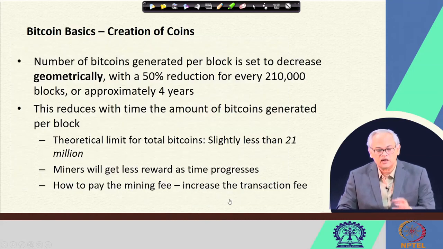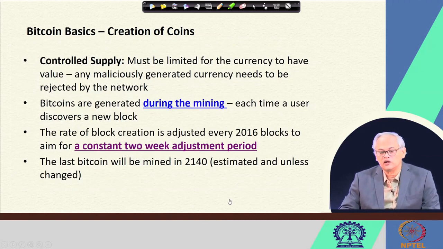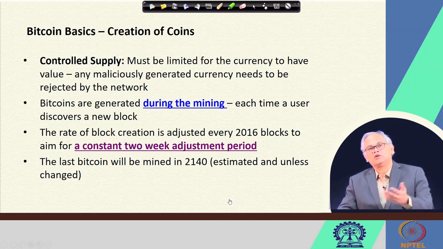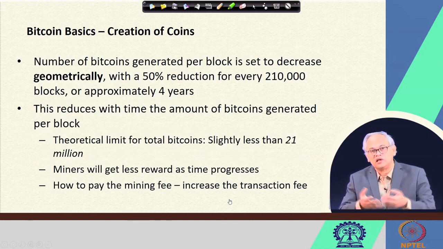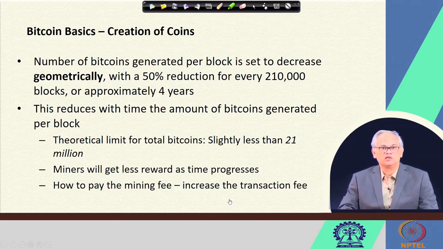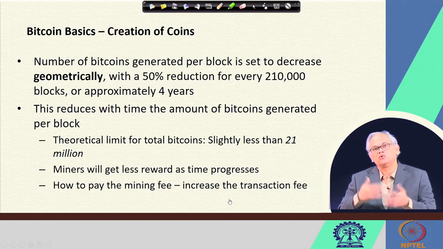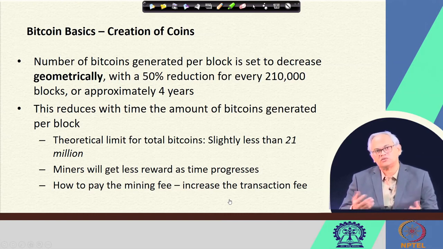As we said, finally around the year 2140 we will end up having the last bitcoin mined. These new bitcoins are generated only in the form of block rewards, and after that it will be only the existing bitcoins getting circulated through the transaction costs committed by the users.